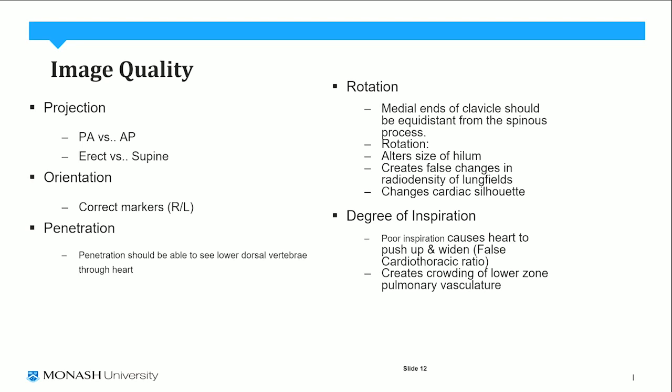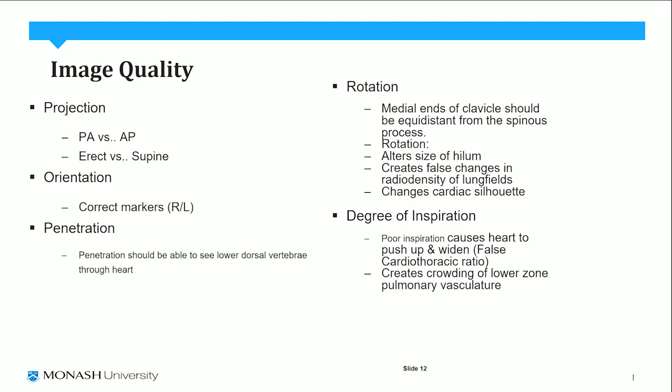So in terms of image quality, first check whether the projection was done in a PA or an AP position, or whether it was done as an erect or a supine position. The orientation then is to check that the correct markers are on. For penetration, referring to our KV, you should be able to see the lower dorsal vertebra through the heart.